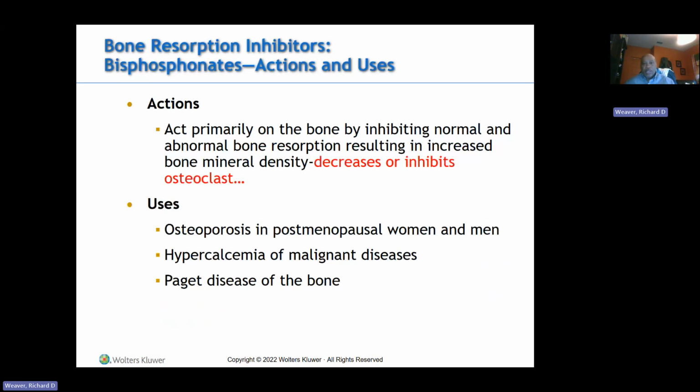But before I get into that, just to give you some incidence and prevalence of osteoporosis, more than 50 million Americans live with osteoporosis, or rather, they have low bone mass, which means they are more susceptible to fractures.